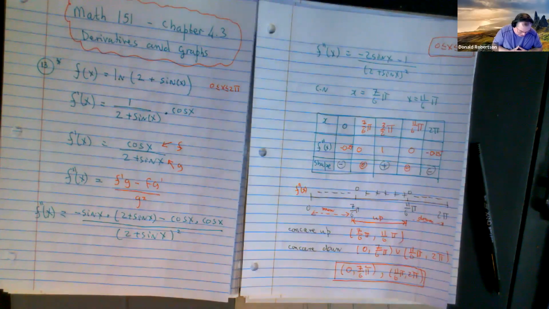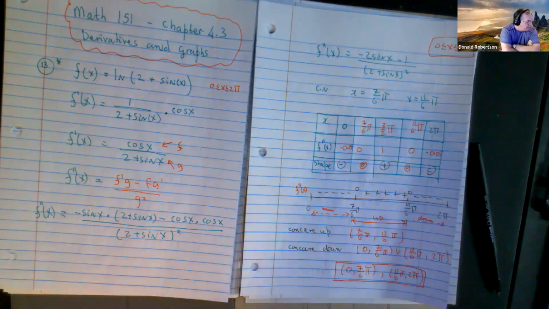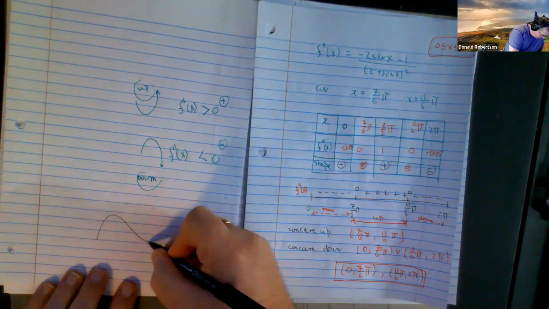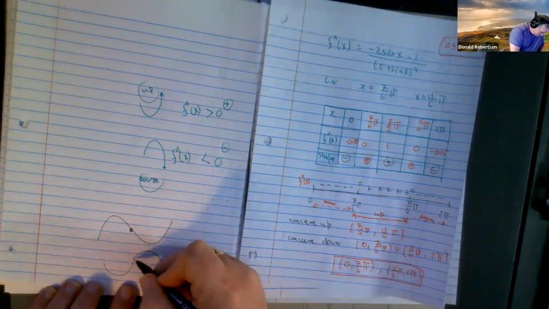Now, the last part of this question, because it is a long question, isn't it, asks us for the inflection points. I would call them points of inflection, but they're calling them inflection points. Inflection points are when sad faces turn into happy faces, that would be here, and happy faces turn into sad faces, that would be here.